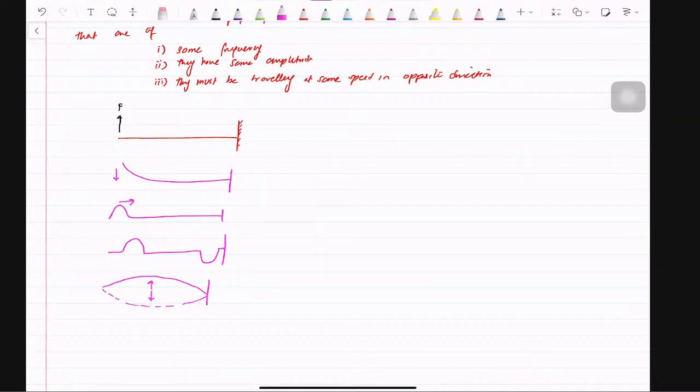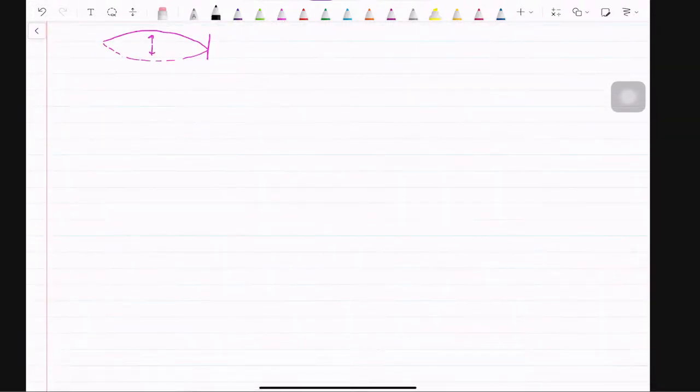Now, one of the ways that we can create stationary waves is using a stretched string and an oscillator. What you do is you want to have a table.